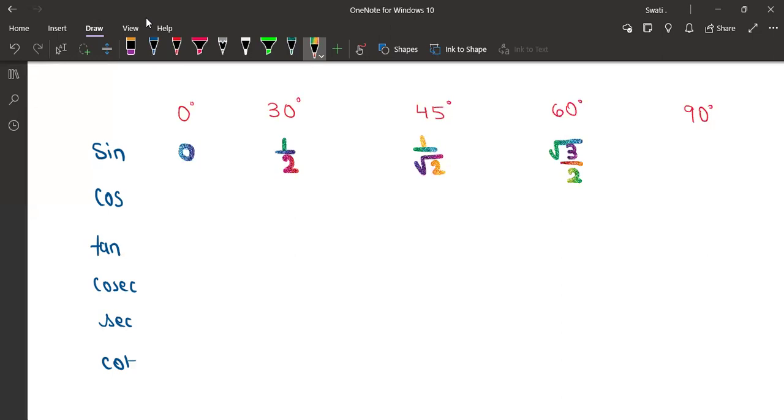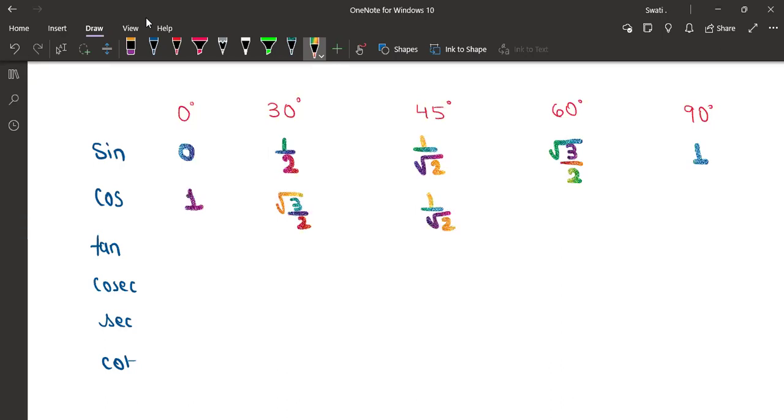1. Very good. Now automatically you can write down the values of cos. Tell me. 1. Very good. Root 3 upon 2. Correct. 1 upon root 2.